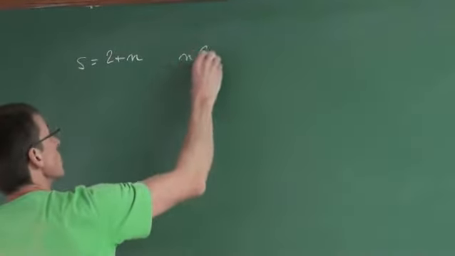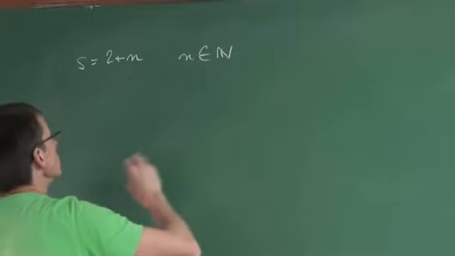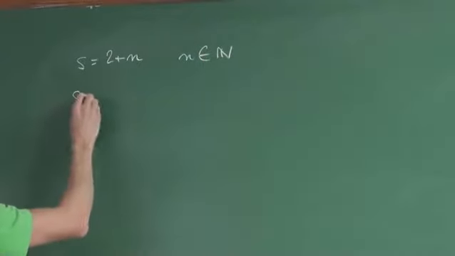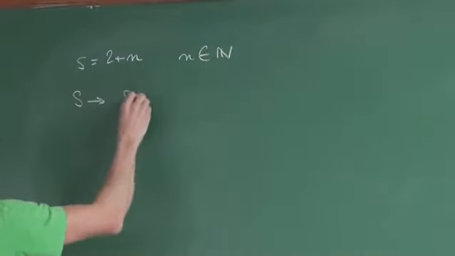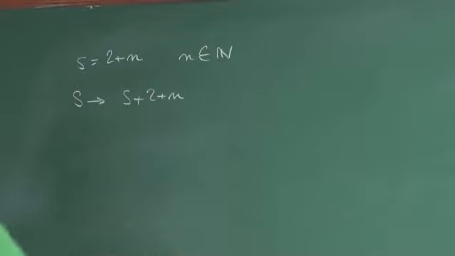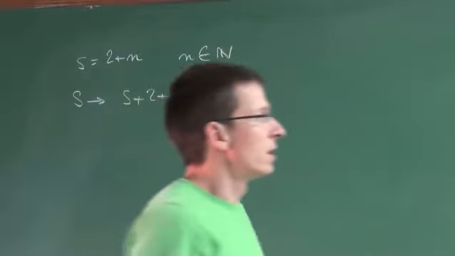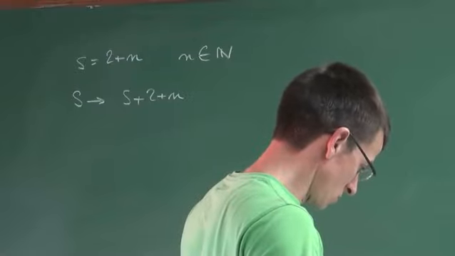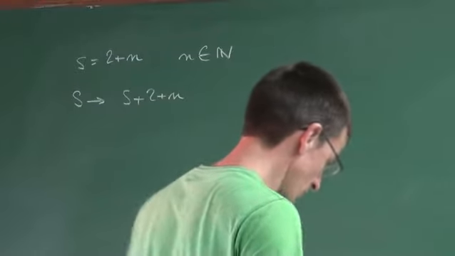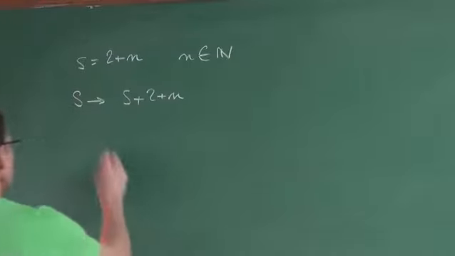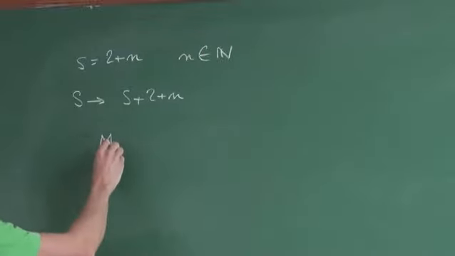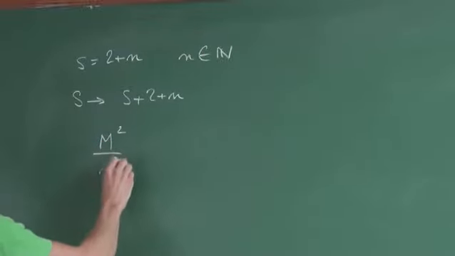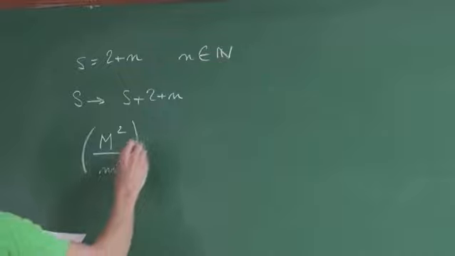You have to do as before: perform the change of variable s equals s plus 2 plus n. So you get for the integral the following expression.